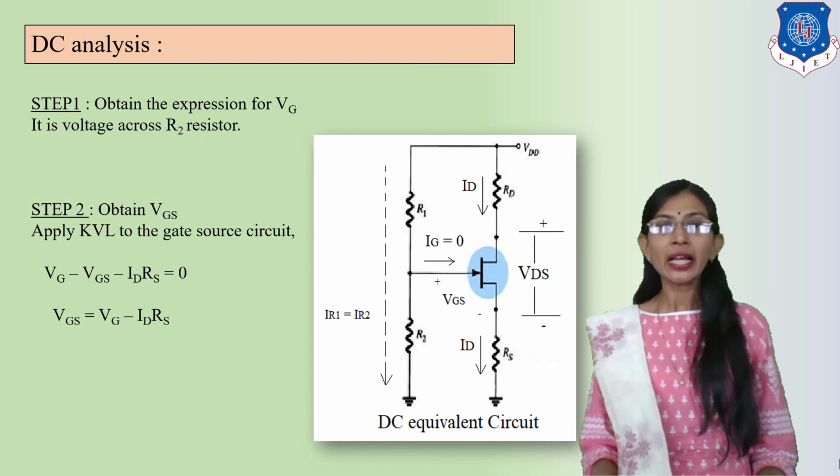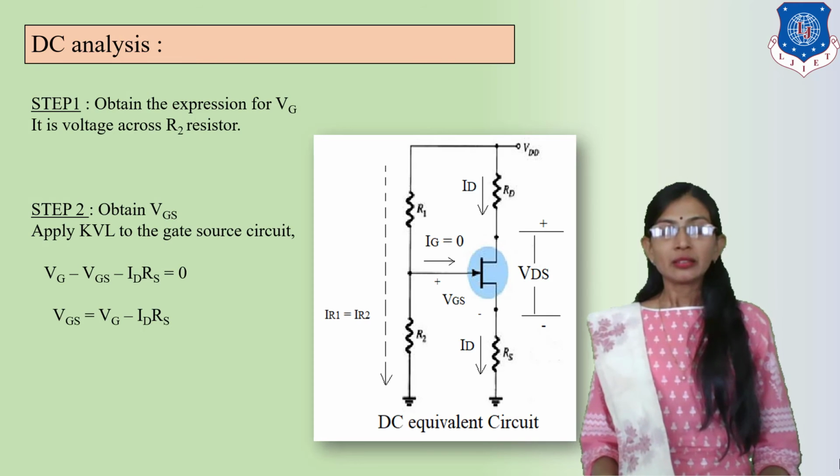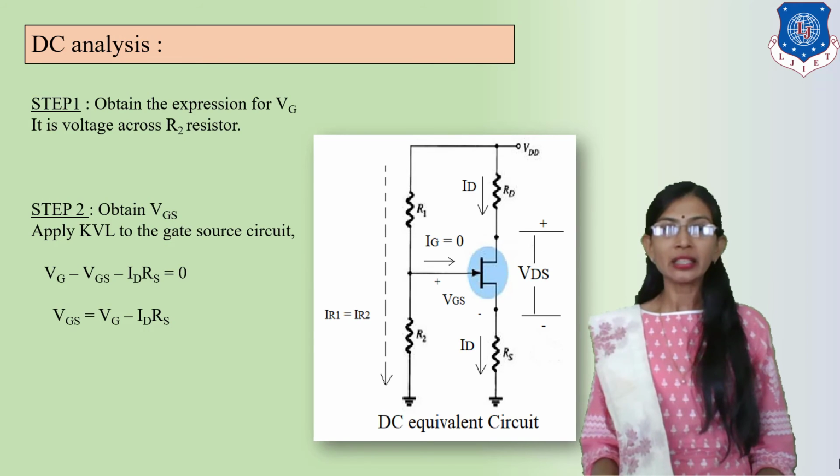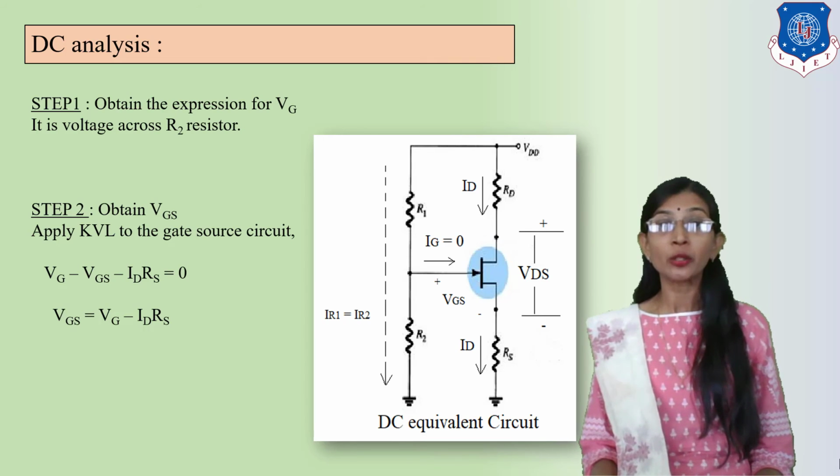So the DC analysis for the voltage divider bias circuit will also be in different steps. Step 1, we will write down or obtain the expression of VG, and it is the voltage across R2 because R2 is grounded, right? Then step 2, obtain VGS, apply the KVL in the source circuit.